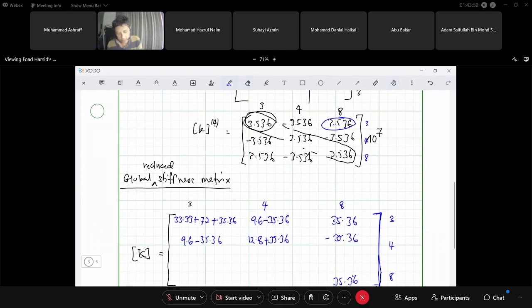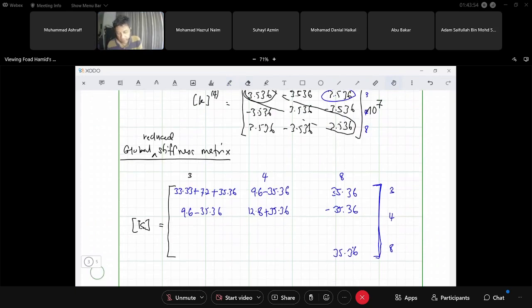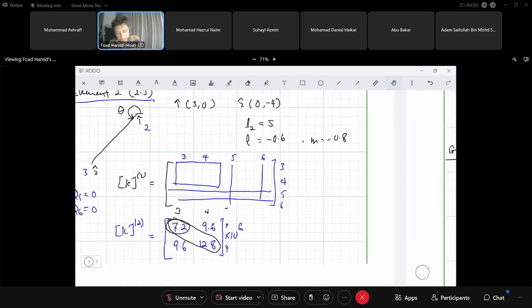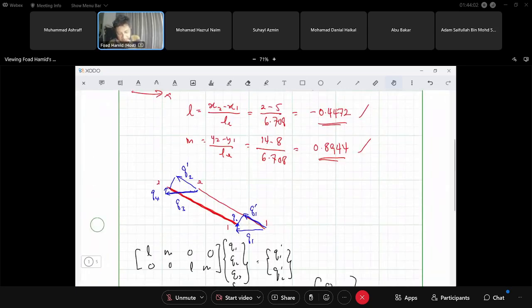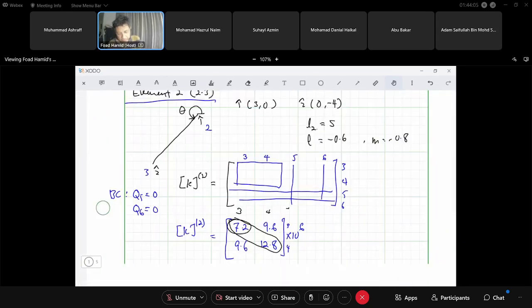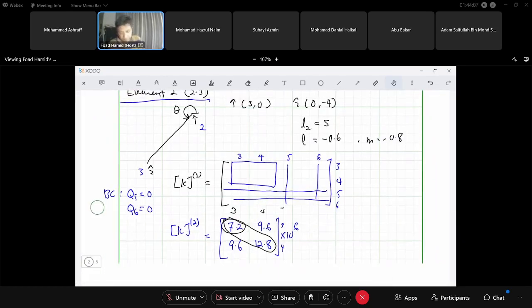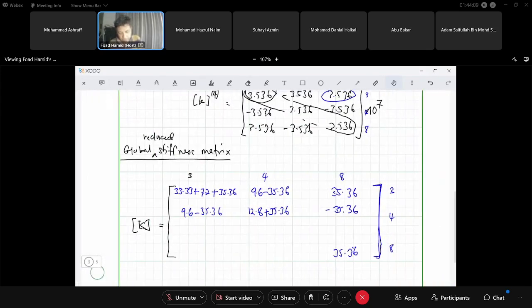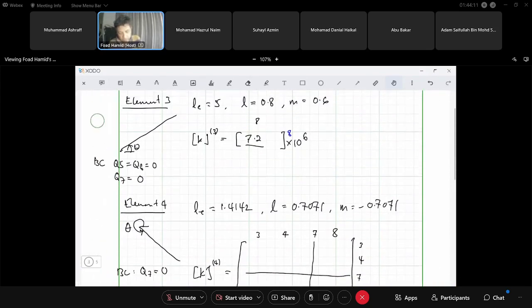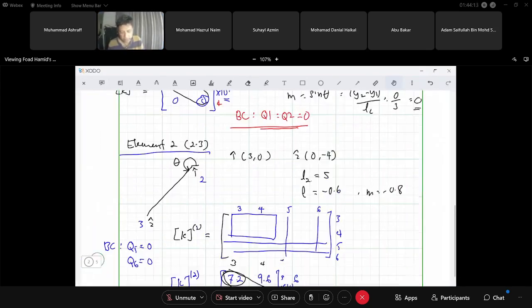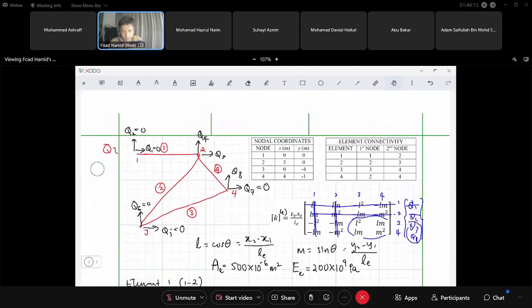Okay, and then let's look at 3 and 8. 3 and 8 is possible only for which element? 3 and 8, this one. Oh, this one. 3 and 8 is only possible for element number 4.